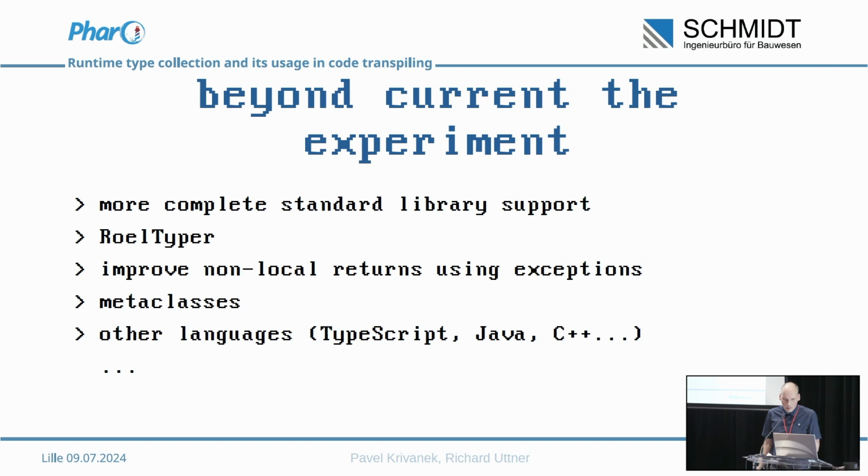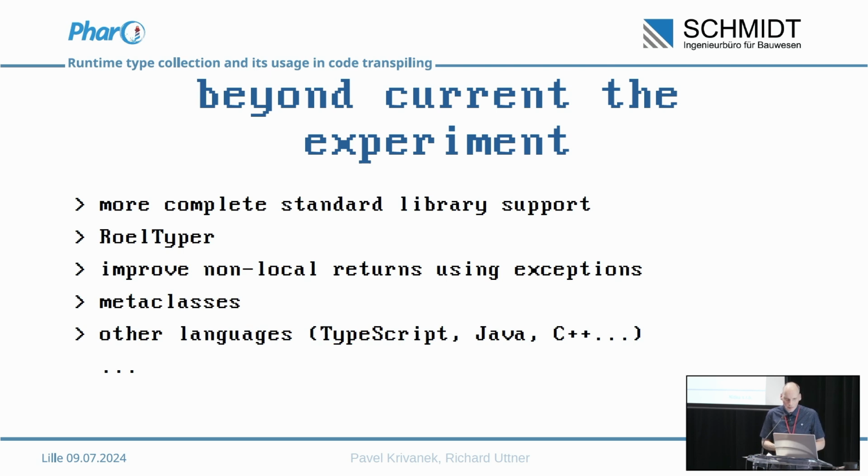So to extend our current experiment more, we want to extend the support of the current Pharo library, involve the Roassal typer, and improve the way the non-local returns are processed.